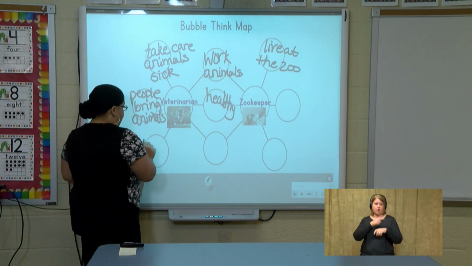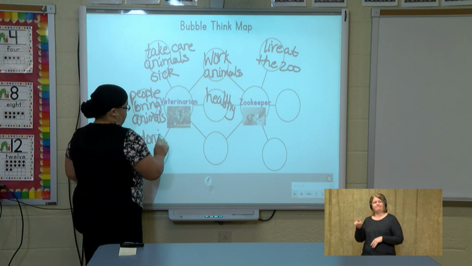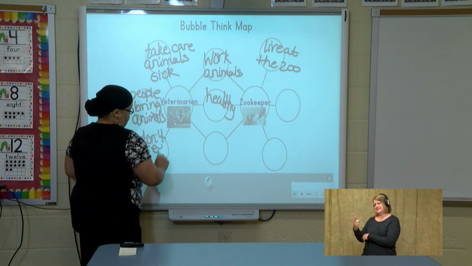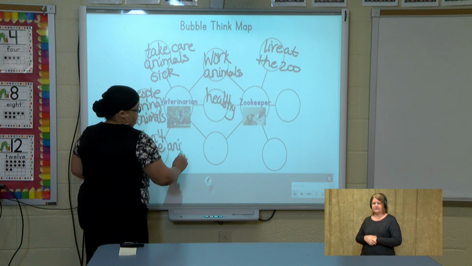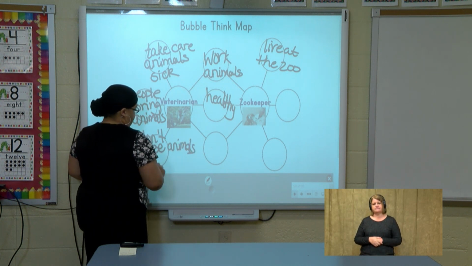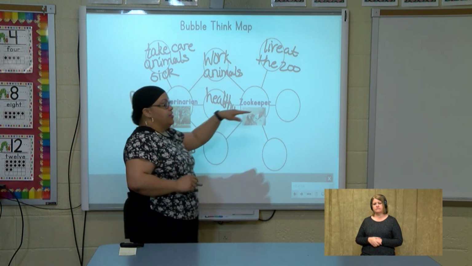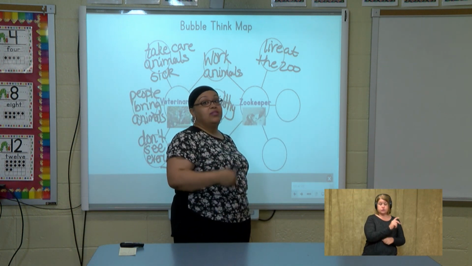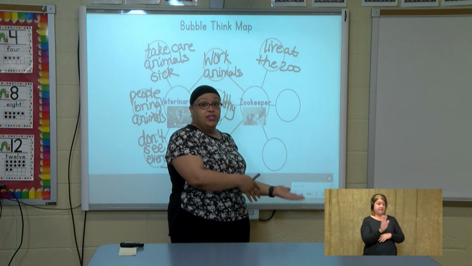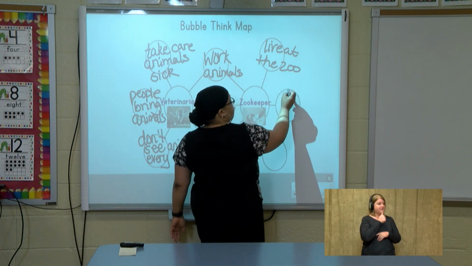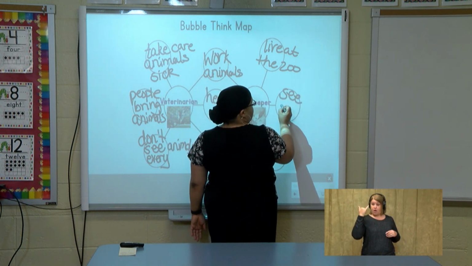They don't see the animals every day. Zookeepers see their animals every day because they work at the zoo and the animals live there. So zookeepers see the animals every day.